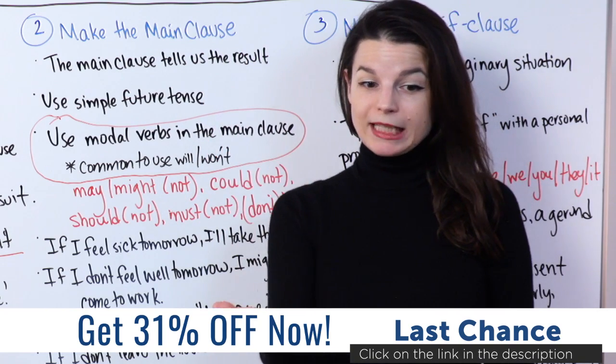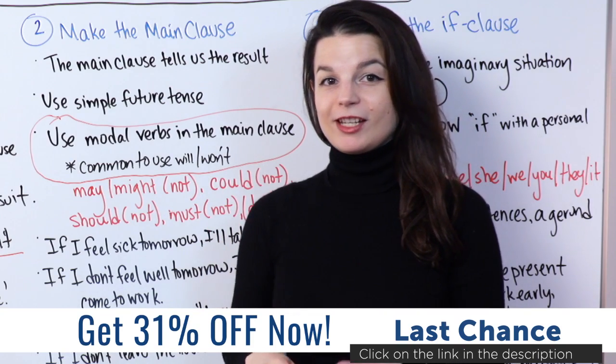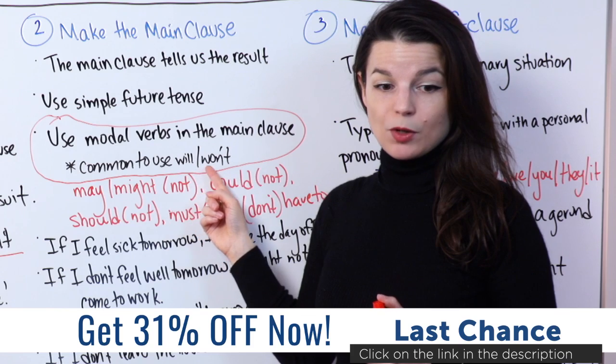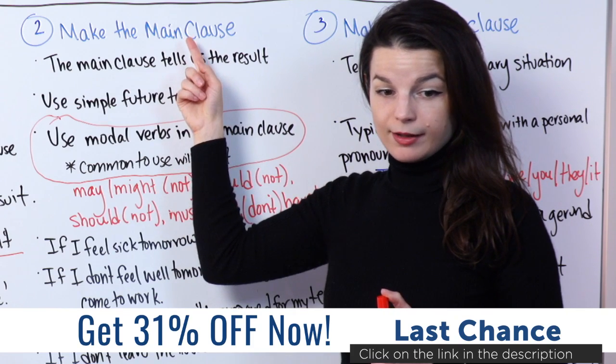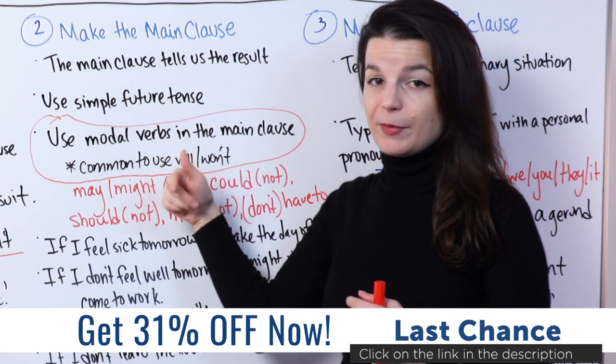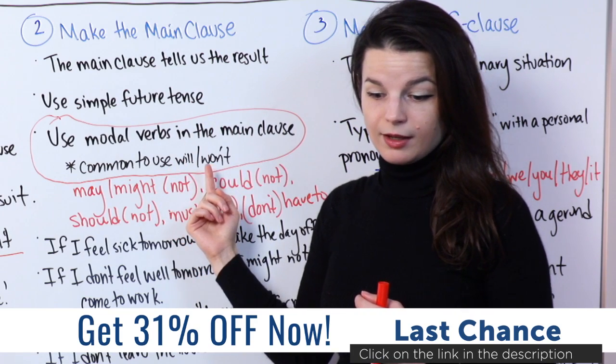So you might have noticed in part 1 of today's lesson, it's quite common to use will and won't in the main clause for this grammar. When you make this kind of sentence, it's very common to use will and won't here.